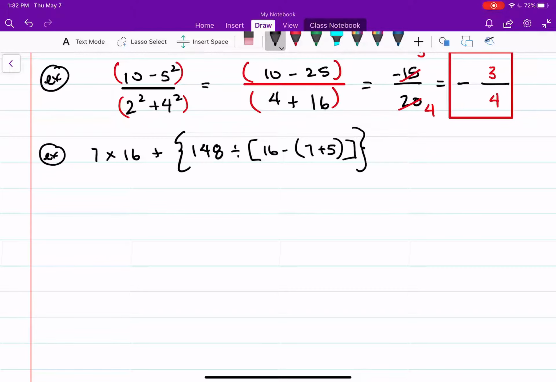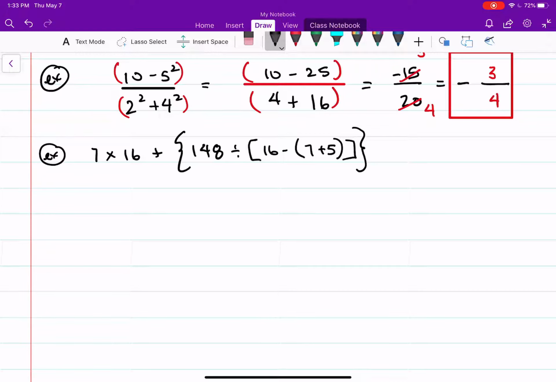There we go. All right, so again, the 7 plus 5 is in the inner parentheses, and then the 16 minus that small parentheses is still the inner, and then the largest and outside parentheses is those squiggly brackets, as I would call them.